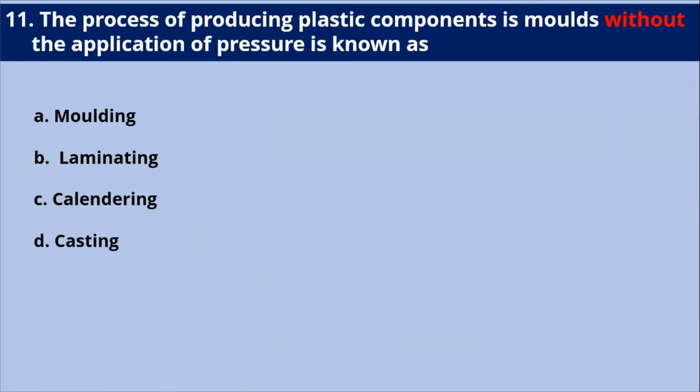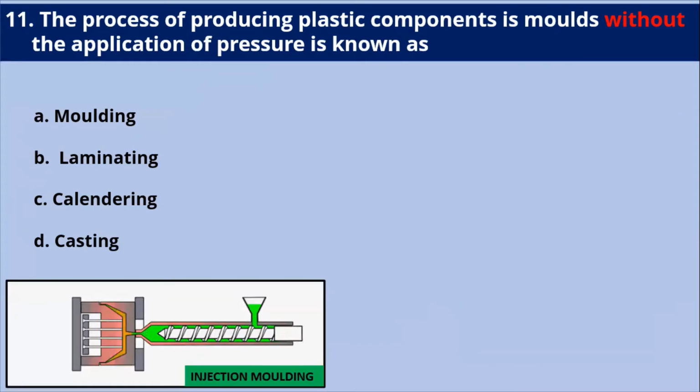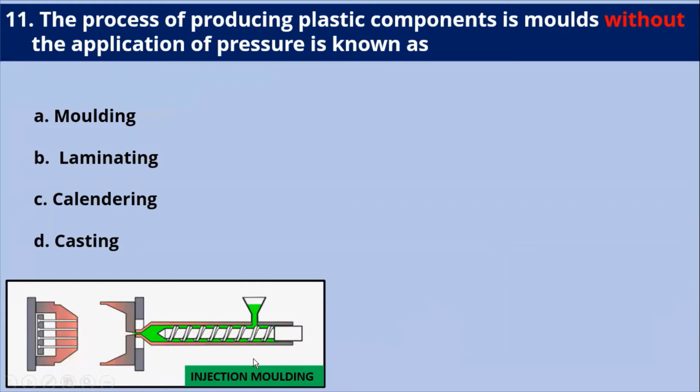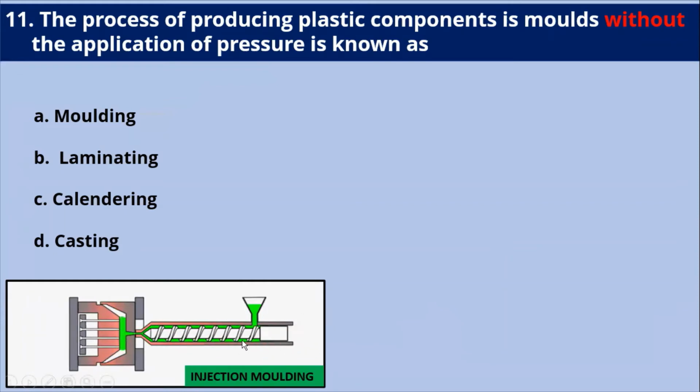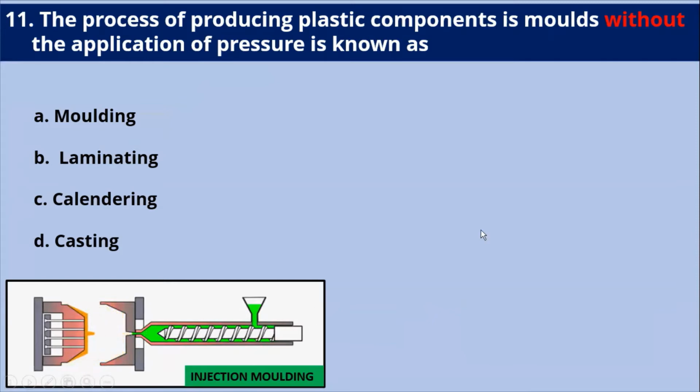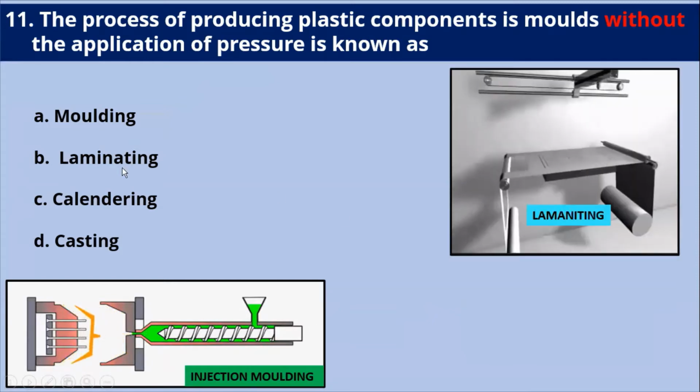Next question. The process of producing plastic components in molds without the application of pressure is known as. Here in injection molding, you know that the pressure is applied with the help of this ram, when we are closing the dies. Then the next is laminating.